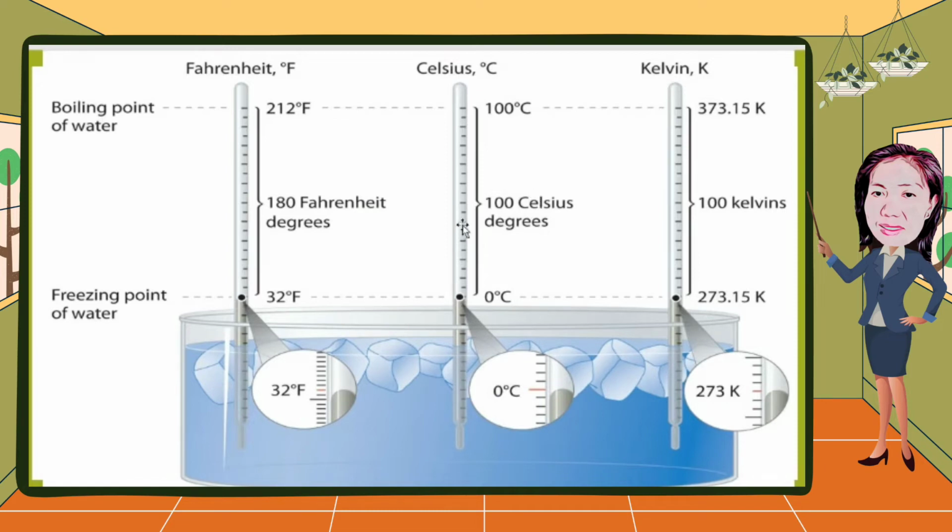So ganito magsulat ng degree Celsius kung temperature siya. Kung intervals, ang gagamitin mo na is 180 Fahrenheit degrees, Celsius degrees, Kelvin. Okay, question about this one.